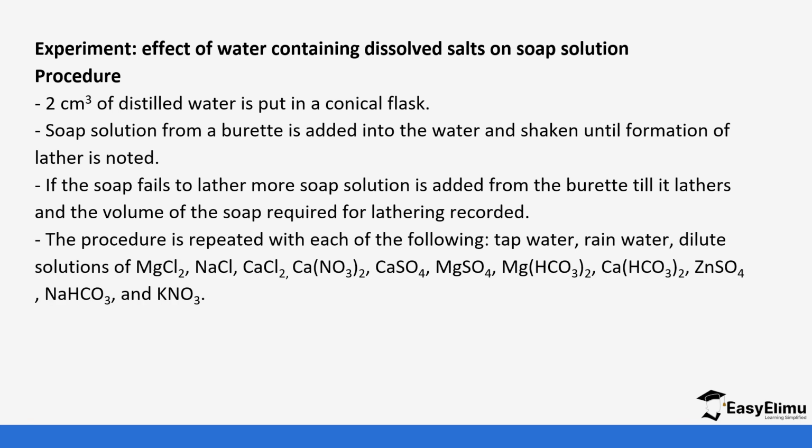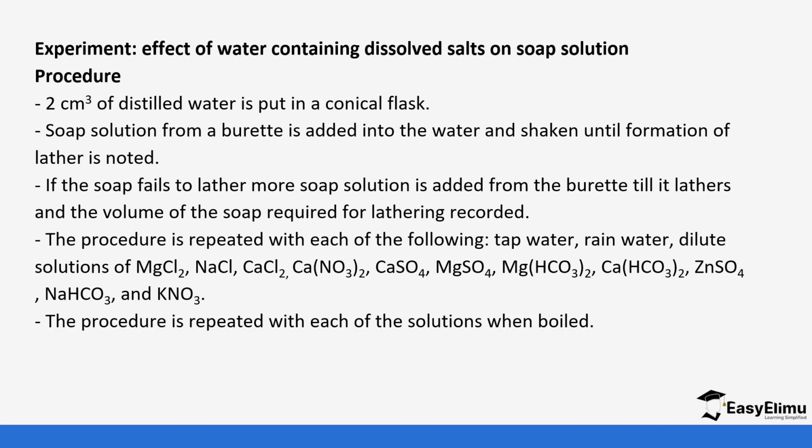The procedure is repeated with each of the following: tap water, rainwater, dilute solutions of magnesium chloride, sodium chloride, calcium chloride, calcium nitrate, calcium sulfate, magnesium sulfate, magnesium hydrogen sulfate, calcium hydrogen carbonate, zinc sulfate, sodium hydrogen carbonate and potassium nitrate.